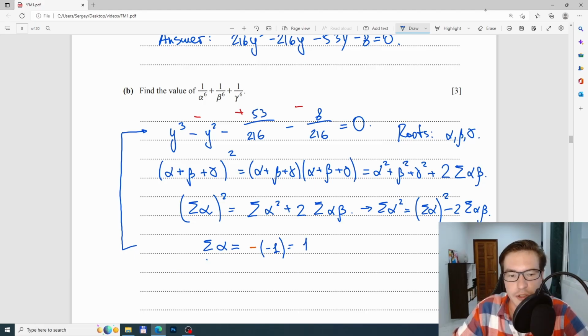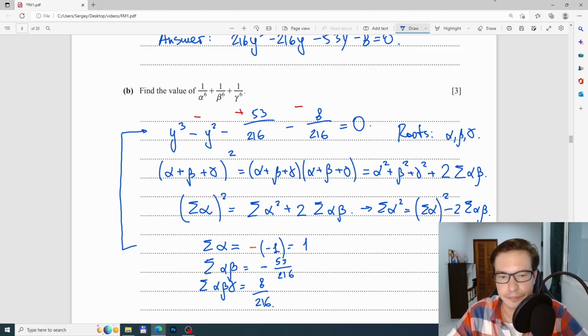The next coefficient is going to be the sum of alpha beta, and you will have to take it with a positive sign. So it's plus minus 53 over 216. And finally, the last number, again taken with a negative sign, would be alpha beta gamma. That should be positive 8 over 216. We actually don't need it.